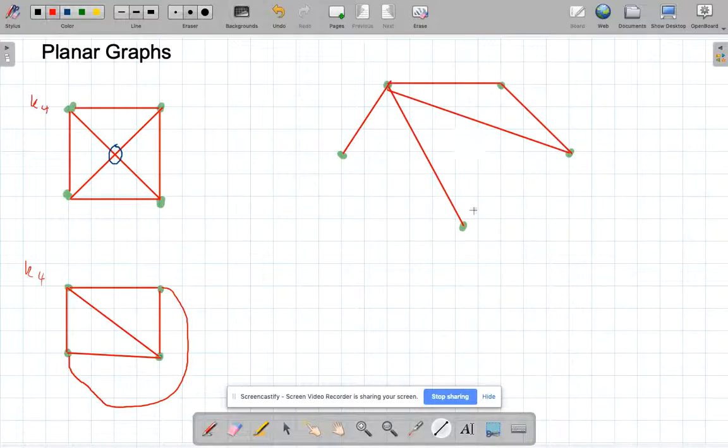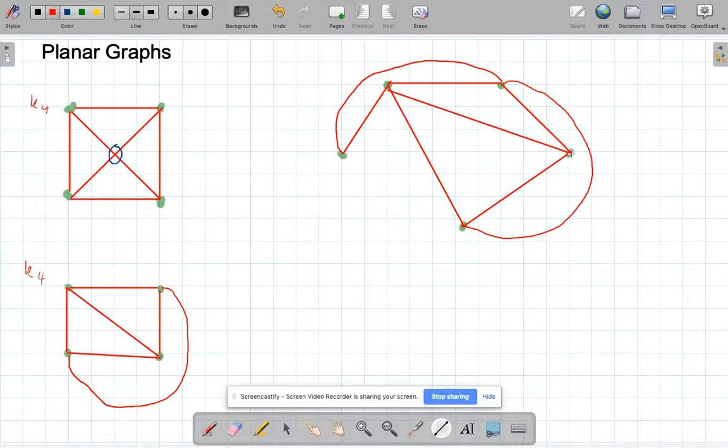Now, if I want to join from here to here, I clearly cannot go across here. So I need to do a loop around like that. And from here to here, similarly, I don't want to cross over any. So I'm going to do a loop around here. Now, from this vertex, I can go down.